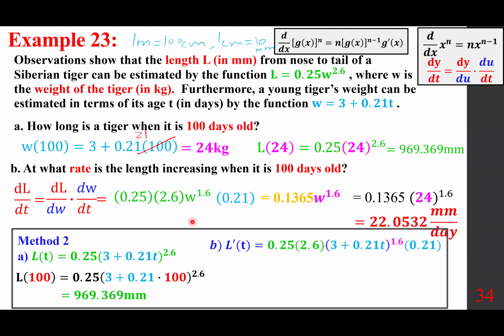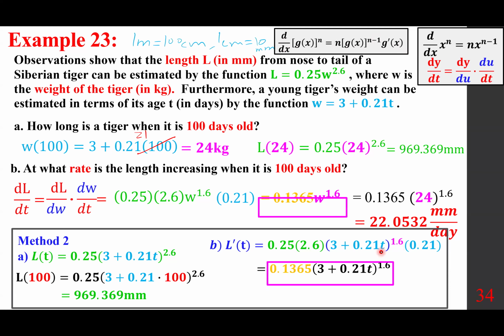One more time, 0.25 and 2.6 sit in front. In other words, we are using the extended power rule. So 0.25 doesn't go away. n is 2.6, g of x to the power of n minus 1, the parentheses to the power of 2.6 minus 1, which makes it 1.6, times g prime, the derivative of the inside, 0.21. If you multiply those numbers, you get this one.